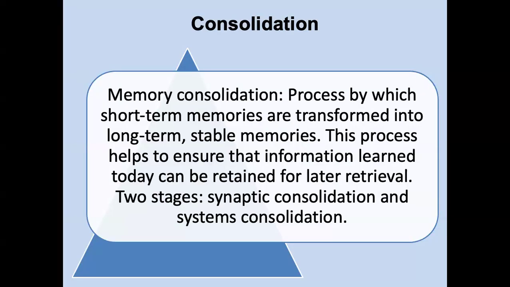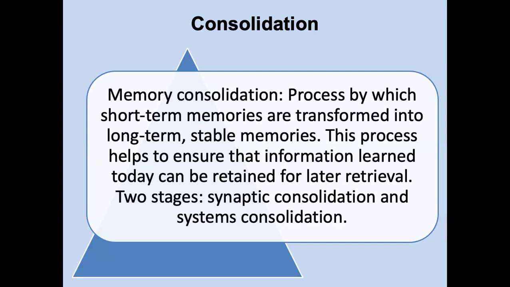So consolidation, right? This is the process by which the short-term memories are transformed into long-term stable memories. They're not really subject to decay at this point. So this process helps ensure that you can retrieve information later that you learned a long time ago.